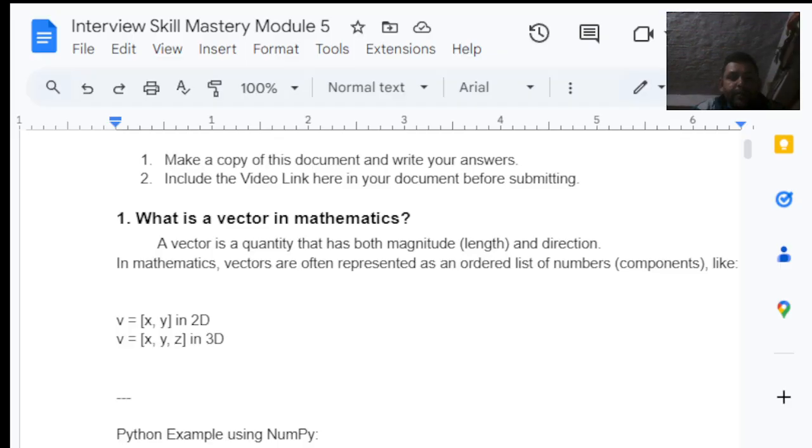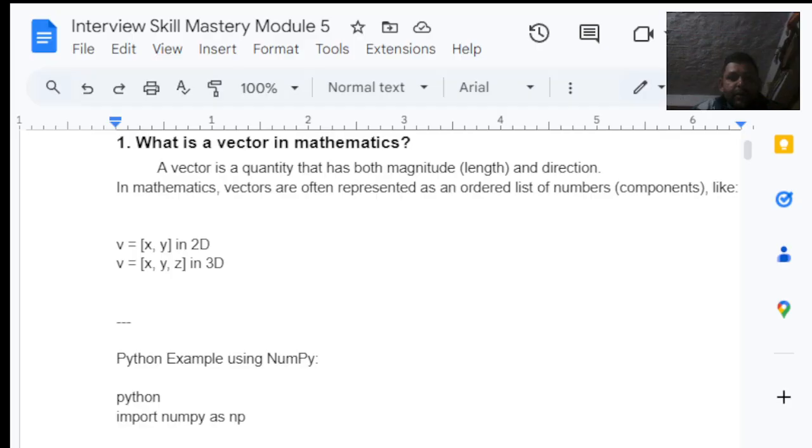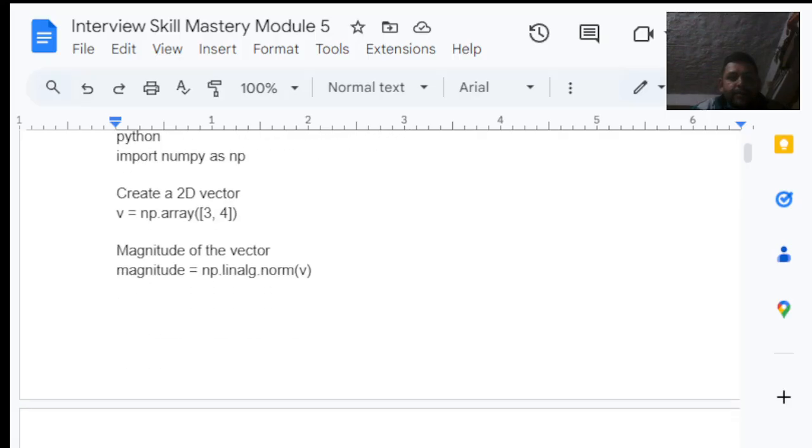Import NumPy as np. Create a 2D vector v equals to np.array 3 comma 4. So magnitude of the vector is magnitude equal to np.linalg.norm v.